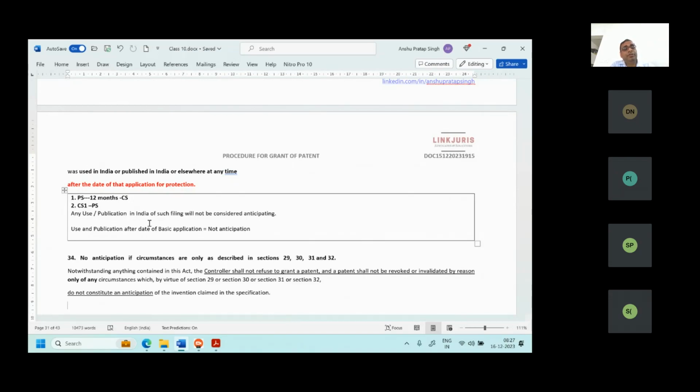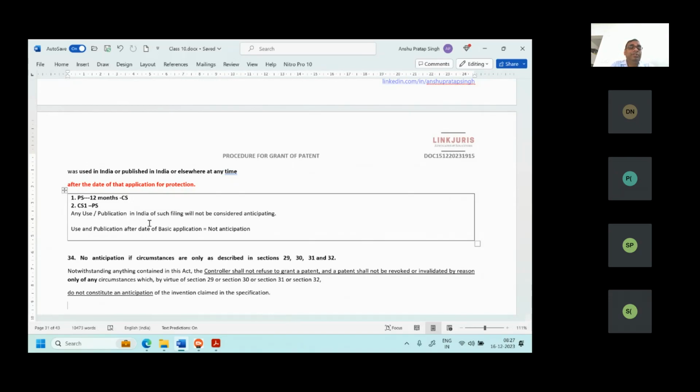Or if you go for CS, you have filed a complete specification, but you have converted it to a provisional specification, and after that, use has been done or publication has been done. So all that will not be considered as anticipated.